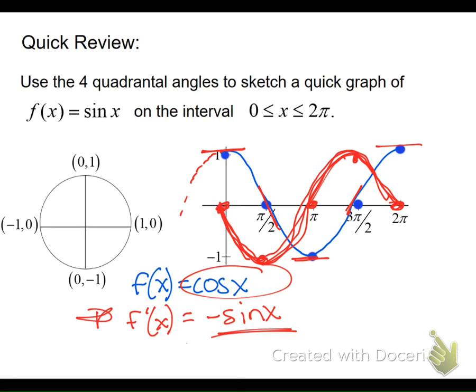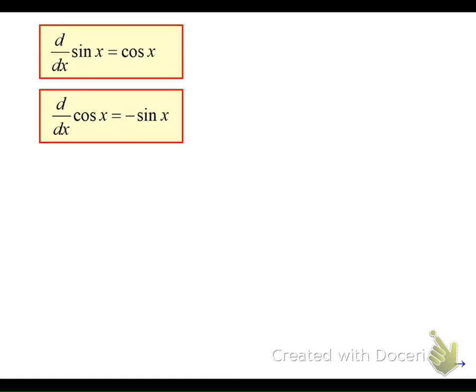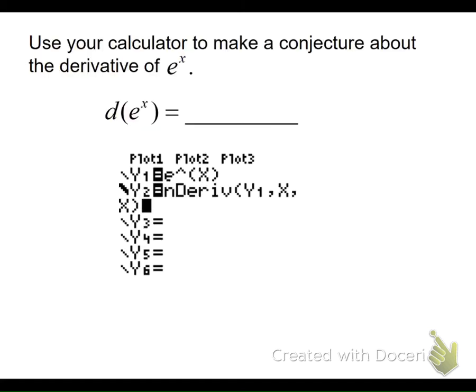So let's put those rules together in your notes and memorize them. So 2 new rules for you to memorize. The derivative of sine is cosine, and the derivative of cosine is negative sine. Maybe a little bit of new notation for you here.